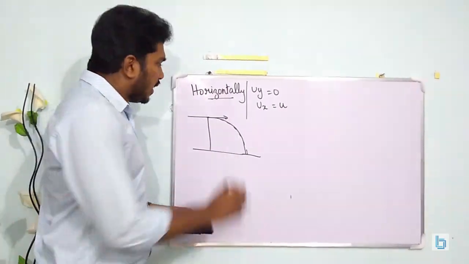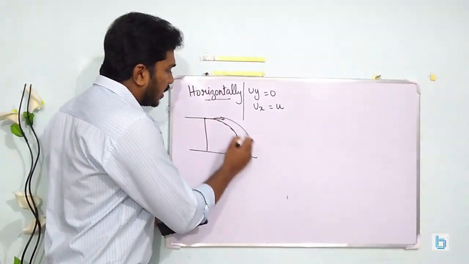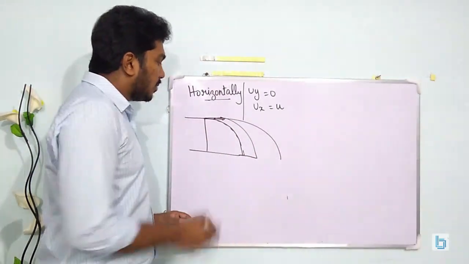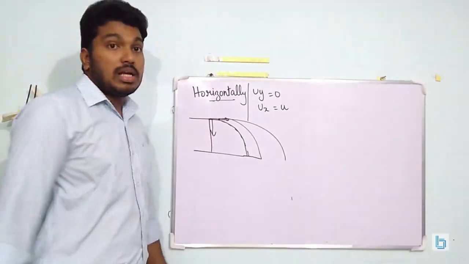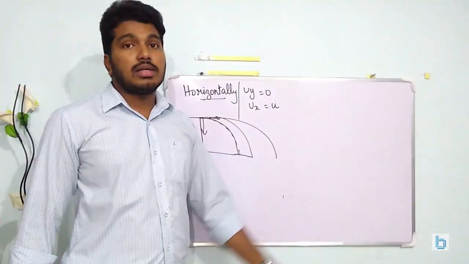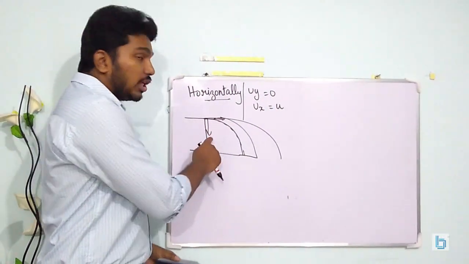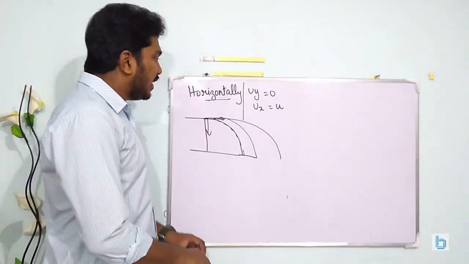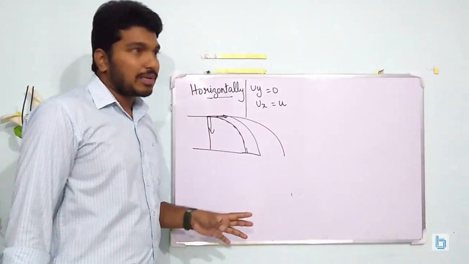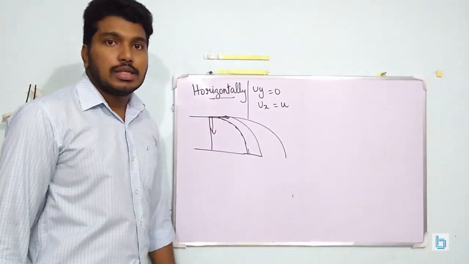What you have to remember is, even if it is not thrown straight downwards but just dropped, the initial vertical component will be 0.